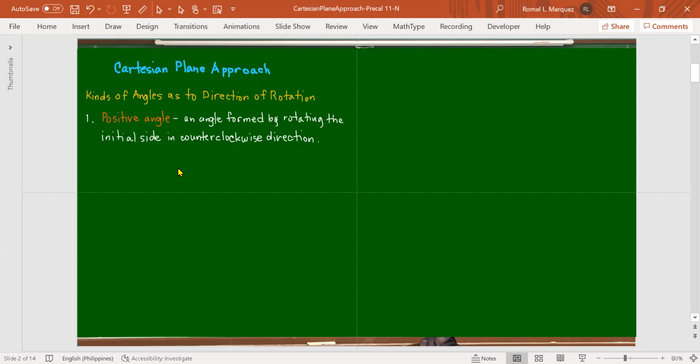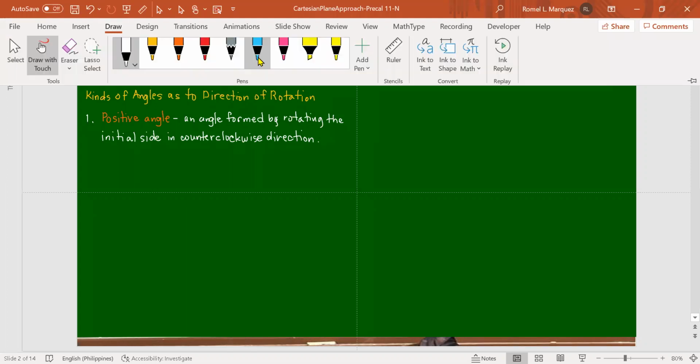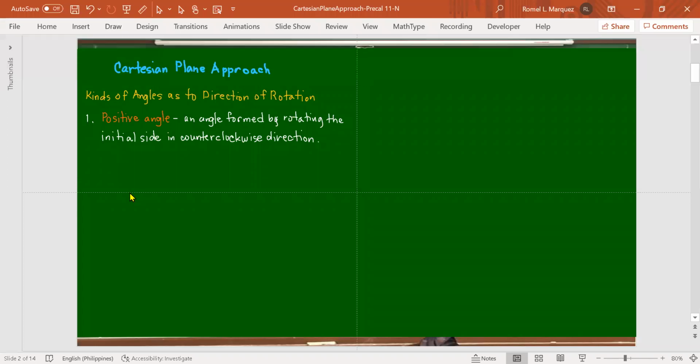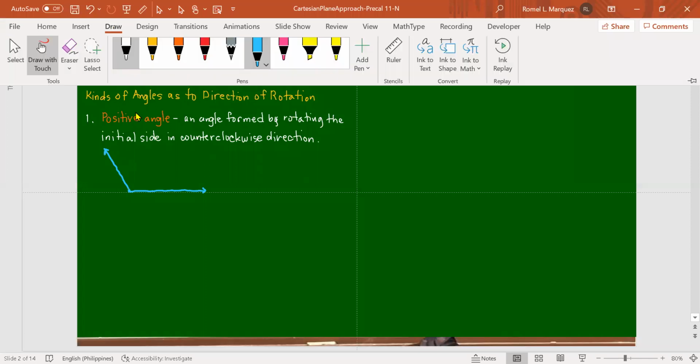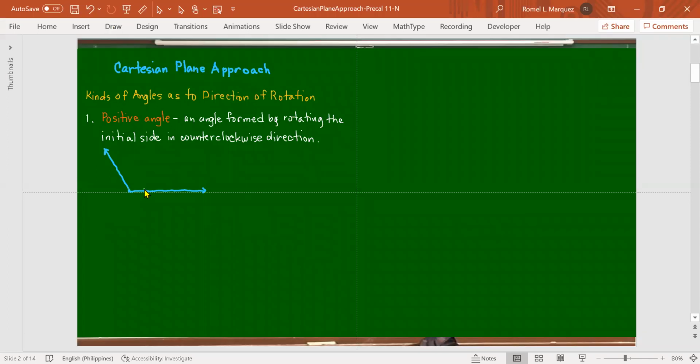So for instance, if I have this angle, let's say this is my initial side, I'm going to rotate it in a counterclockwise direction, getting, for instance, this as the terminal side. To denote counterclockwise direction, the arrow goes this way.